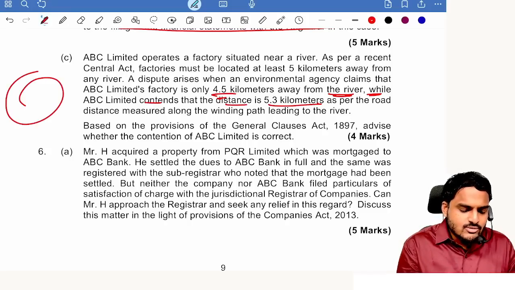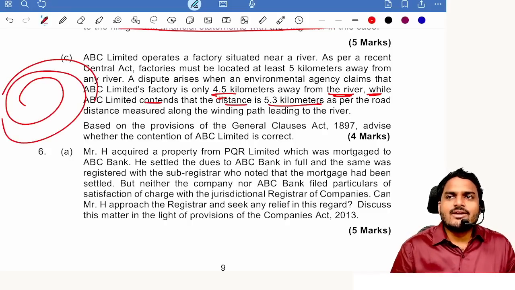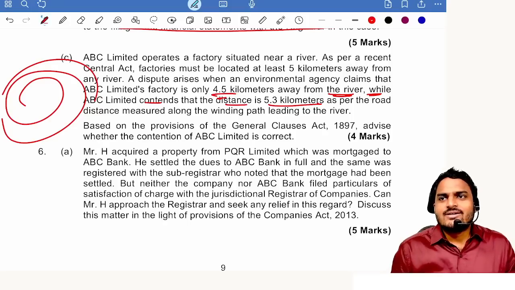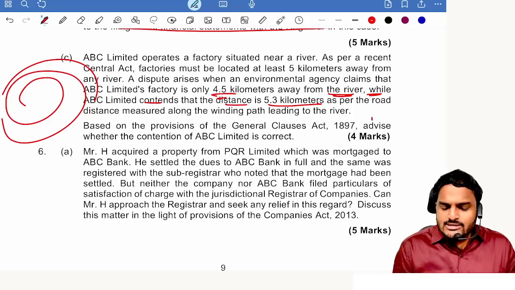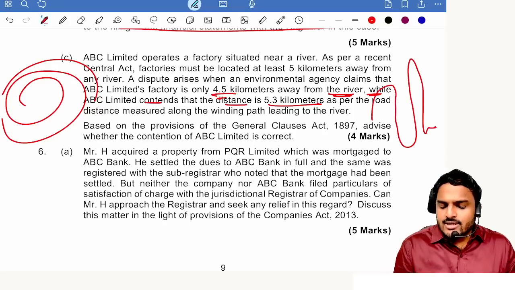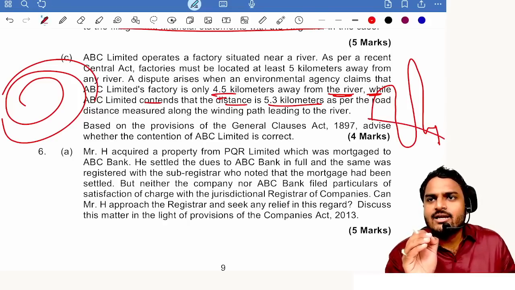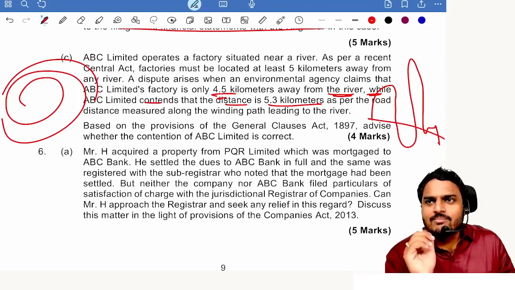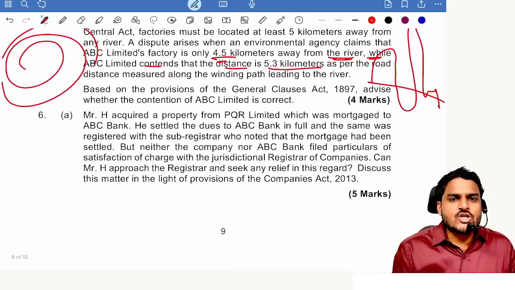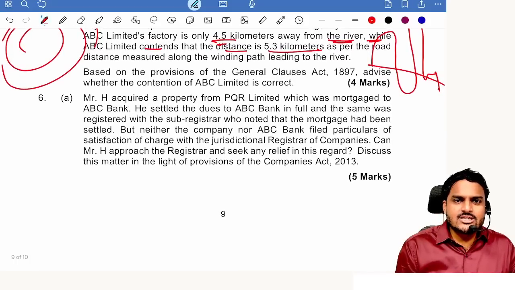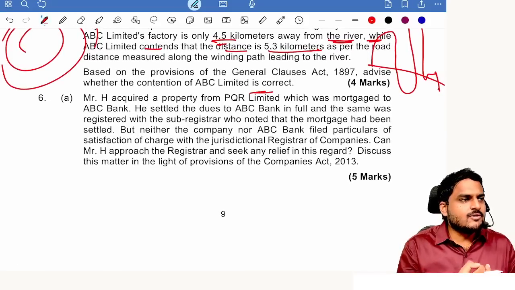Why? 2 times, circle it. It becomes 8 kilometers. Now tell me, distance how to measure? For example, U-turn, left turn, right turn, everything should be considered horizontal plane, straight line. So based on provisions of General Clauses Act, advise whether contention of ABC Limited is correct or incorrect. Obviously incorrect.